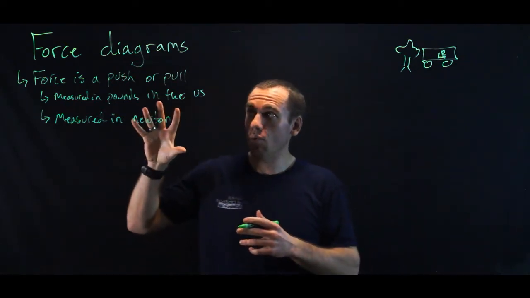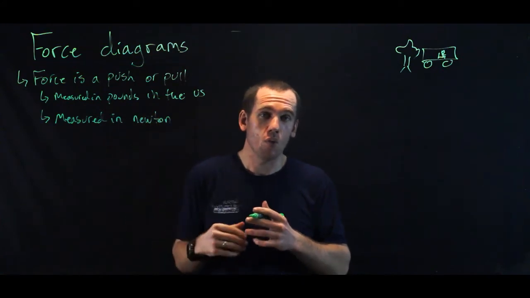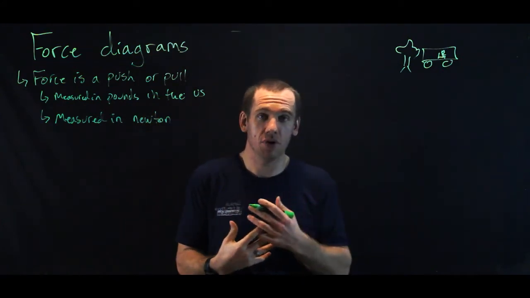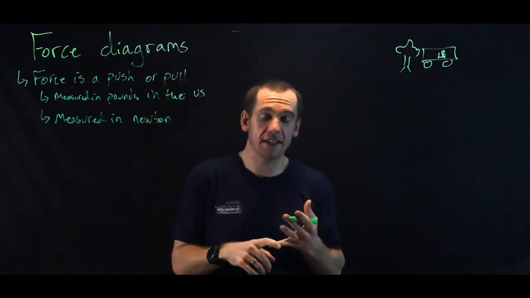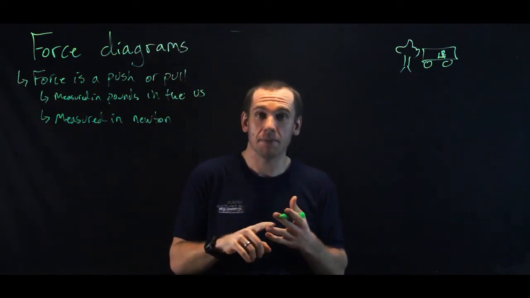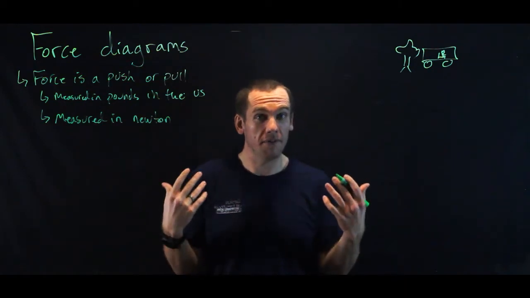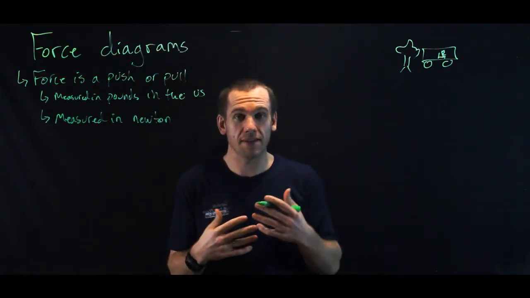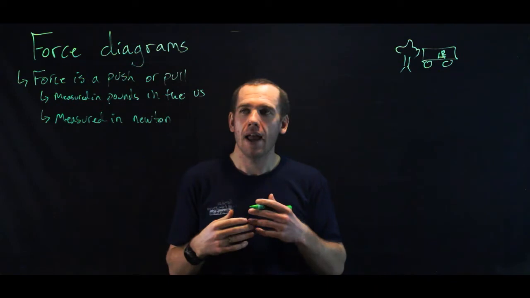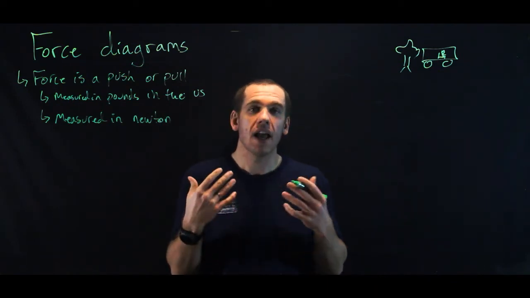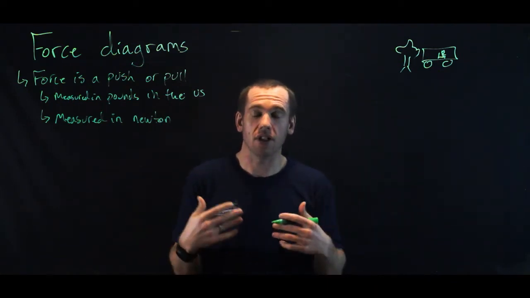Now, when we're talking about forces, we have to realize that the direction that you push or pull something matters. So just like velocity and acceleration and displacement and position can all be negative or positive because they're all what we call vectors. A vector is a measurement that has both an amount, a magnitude, and a direction. Force also has a magnitude and a direction. It is a vector quantity.